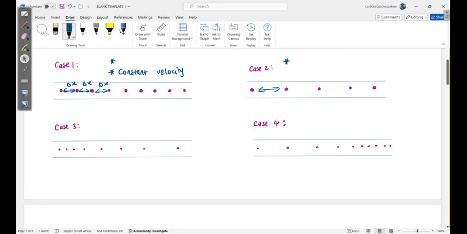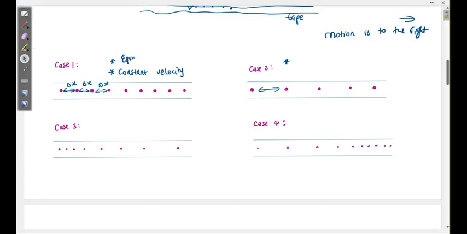So let's say equal distance between the dots is still the same.